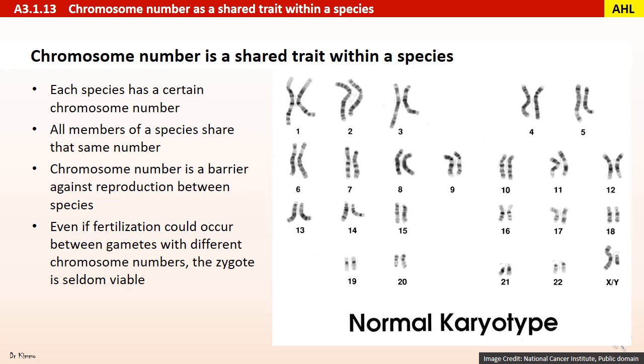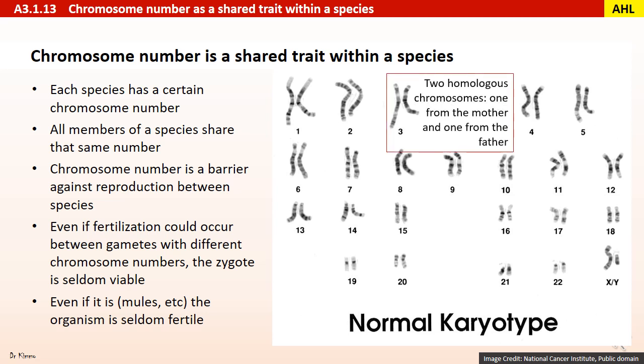Even if fertilization could occur between gametes with different chromosome numbers, the zygote is seldom viable. It means that it usually doesn't survive. Even if it does survive, like in the case of mules, for example, the organism is seldom fertile. Here you can see two homologous chromosomes, one from the mother and one from the father.